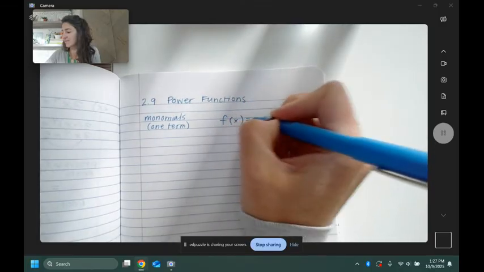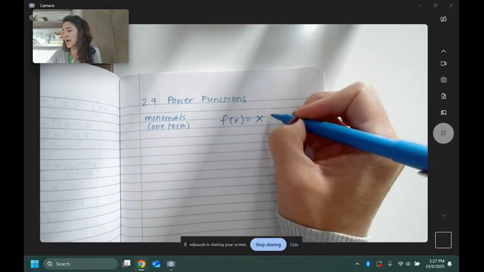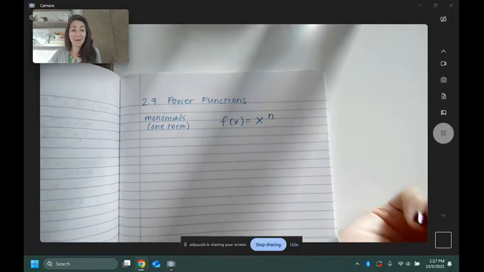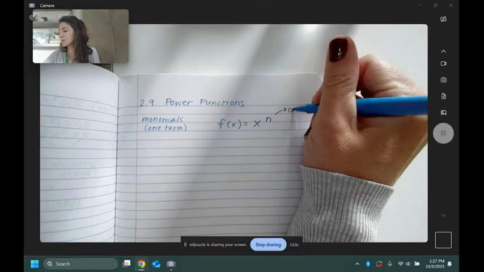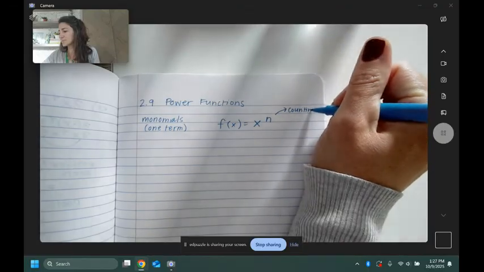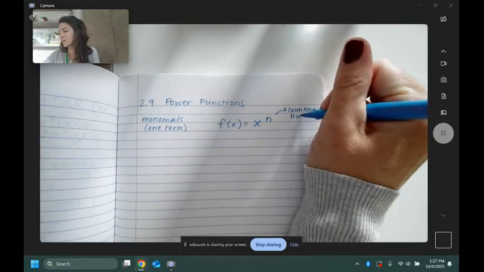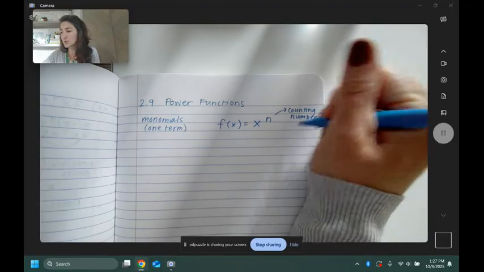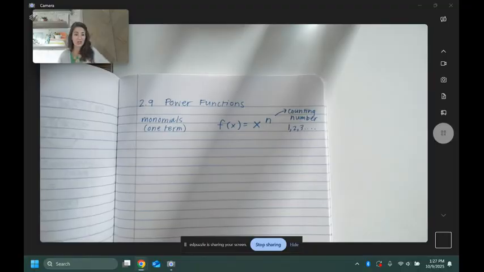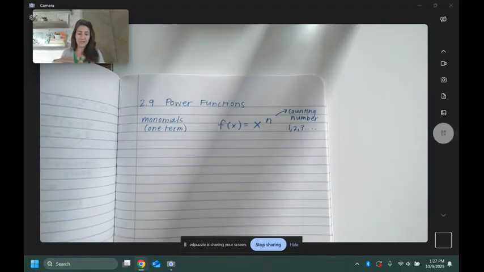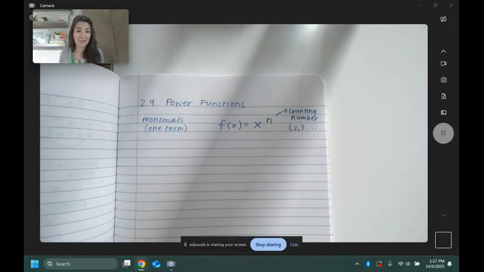It's going to be f of x equals x raised to some number, and that number is going to be a counting number or a natural number. So like 1, 2, 3, etc. It's not going to be negative. It's not going to be a fraction. It's just a counting number.